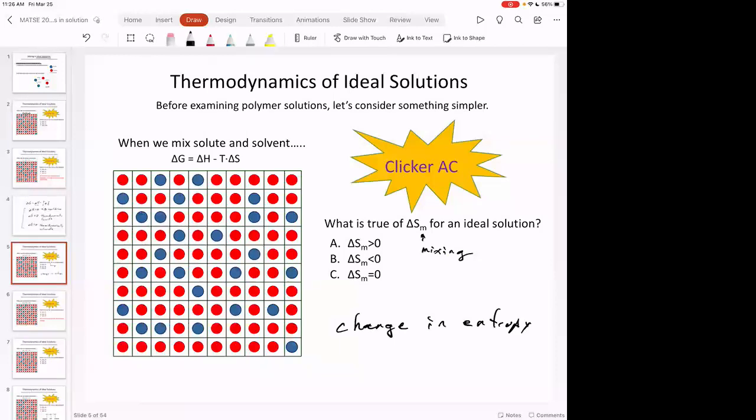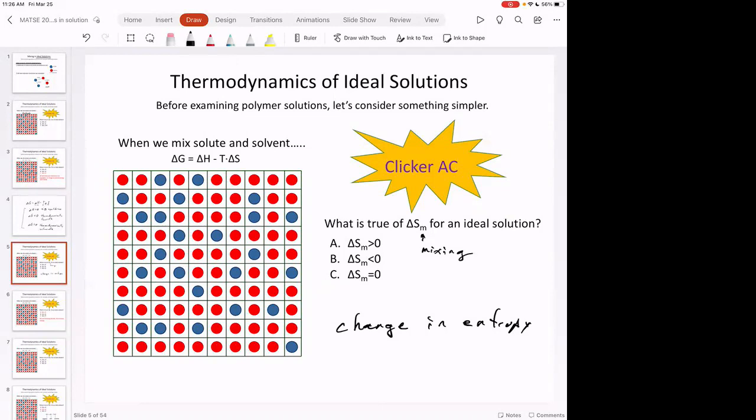And so the changes from the red circles and the blue circles separate. So let's say in two separate beakers, and then you take those and mix them. What is the change in entropy from those two states? Because you're always calculating between two states. So if you start with the red circles separated from the blue circles, and then you mix them together, what sort of concept comes to your mind when you think about entropy?